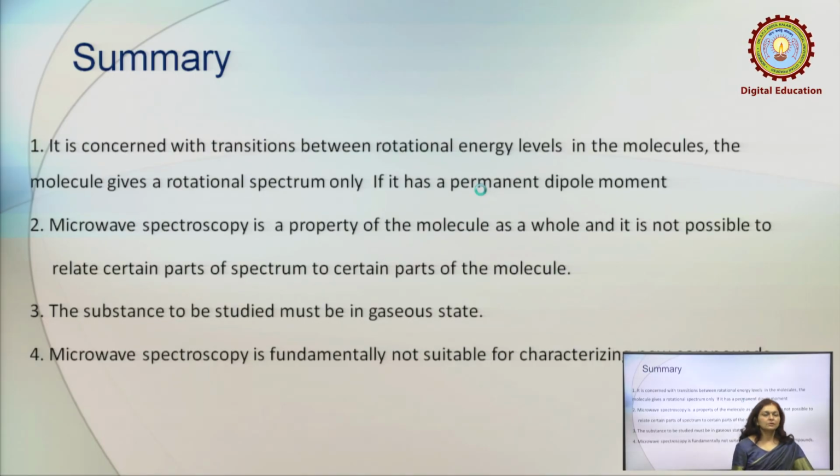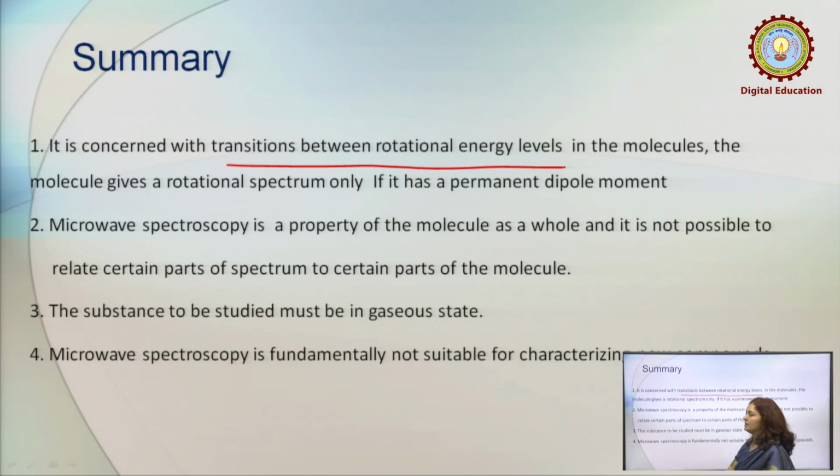Now, in summarized form, microwave spectroscopy is concerned with transitions between rotational energy levels in the molecule. Microwave spectra, or rotational spectra, are obtained only for those compounds which have a permanent dipole moment.